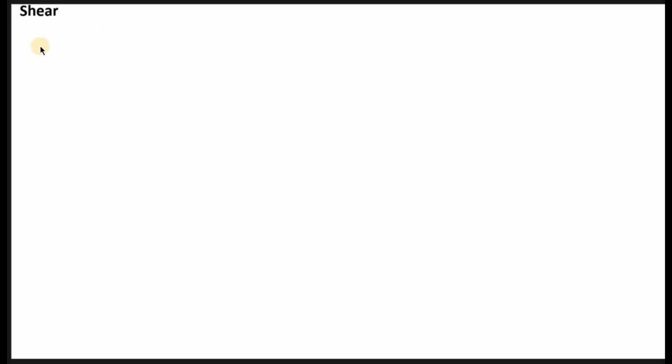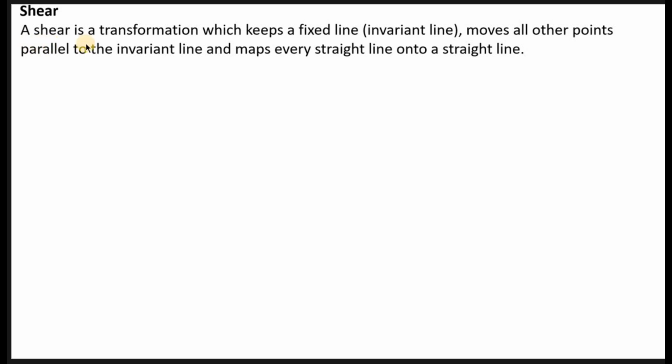Here we must understand that a shear is a transformation which keeps a fixed line, also known as an invariant line, and moves all other points parallel to the invariant line and maps every straight line onto a straight line. You are going to understand very well as we proceed.